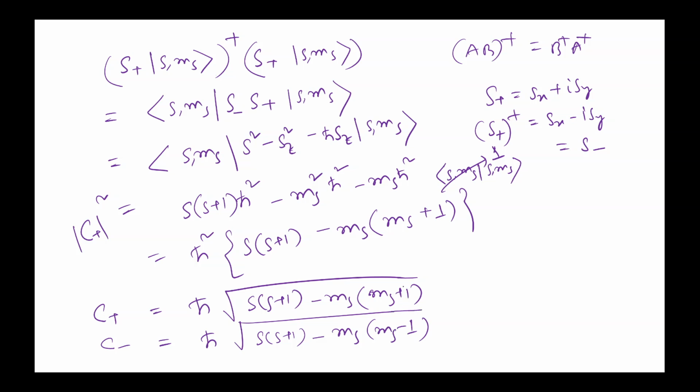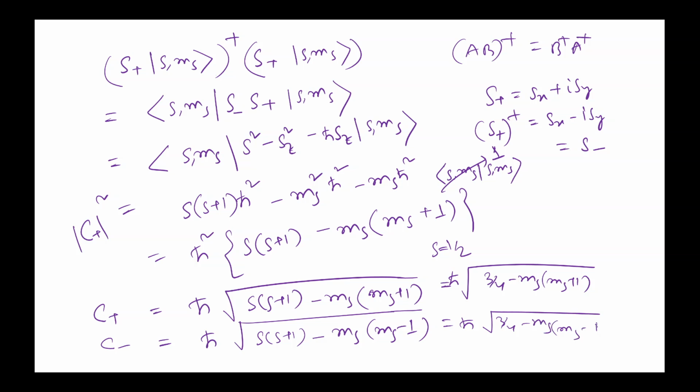In the electron spin case, s is half, so you can write it as ħ times 3/4, because I'm putting s equal to half. So now you have ms plus 1, ħ times 3/4 minus ms minus 1.